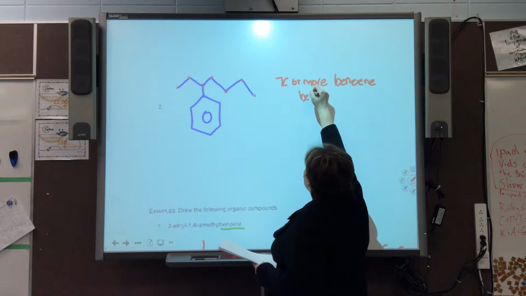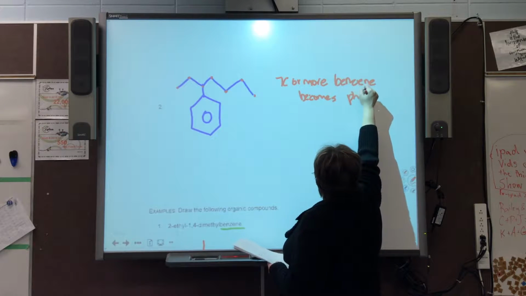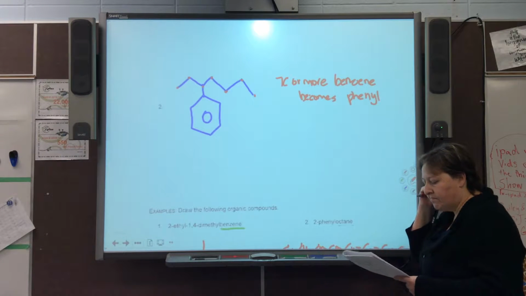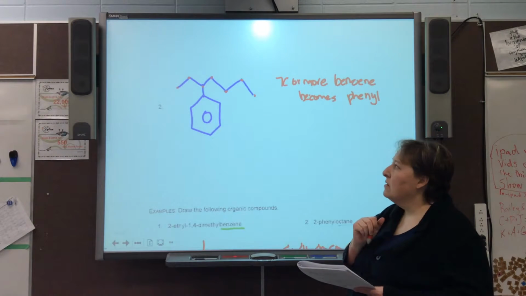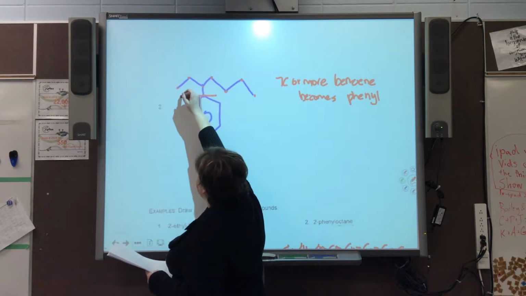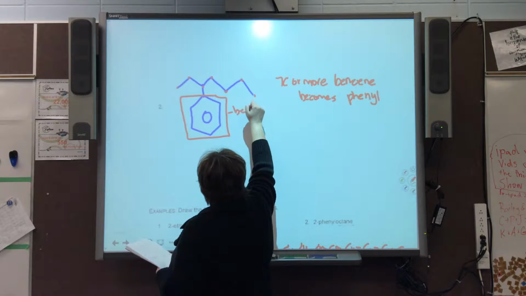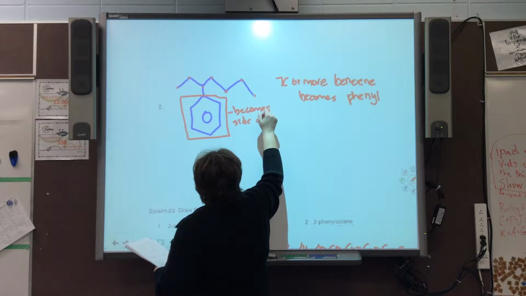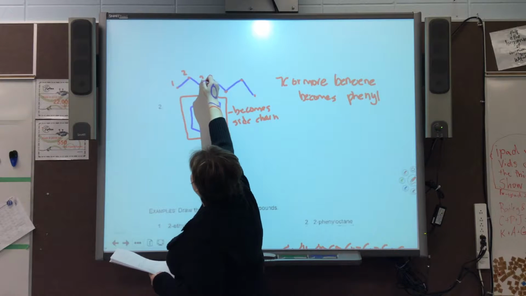So our rule is if it's 7 carbons or more, benzene becomes phenyl, sorry. Okay? And then it becomes the chain. So the shortest way to this chain, this side chain, is 1, 2, 3.